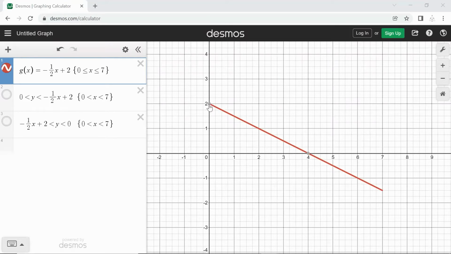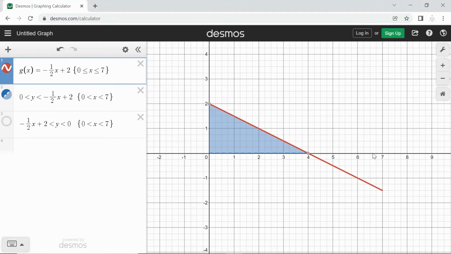So I'm going to look at this and say from 0 to 4, this line is above the x-axis. So I am going to shade the portion of the line that's above the x-axis between 0 and 4.